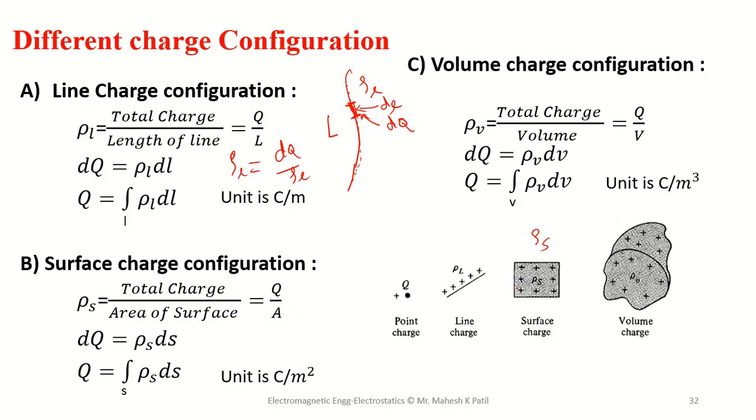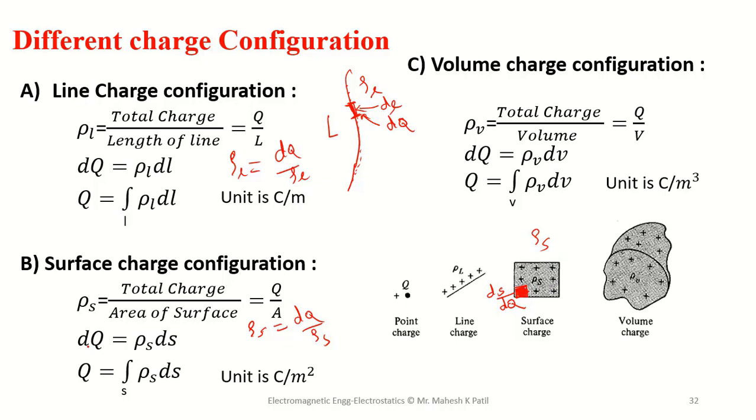Now consider this small part of the surface charge. Let this be the small surface, with area ds, and this area ds is going to have dq number of charges. From this we can write dq equal to rho s into ds. Now likewise n number of small surfaces are there.